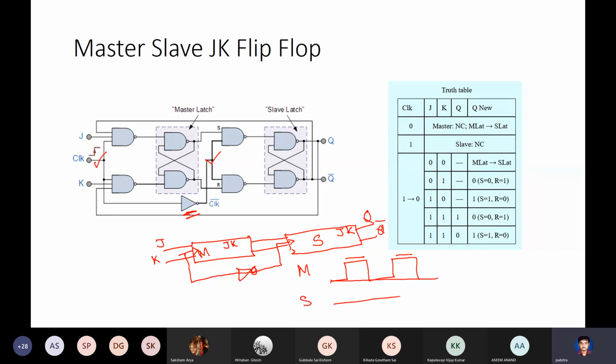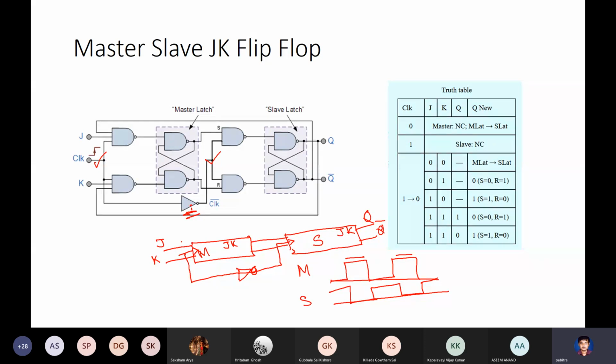Now, if we look at the slave, you see that two things happen in the slave. First thing is that the slave's clock is a reverse of this clock, because of this NOT. But it is not exactly reverse, not point by point reverse. Why? Because this NOT gate introduces a small delay.